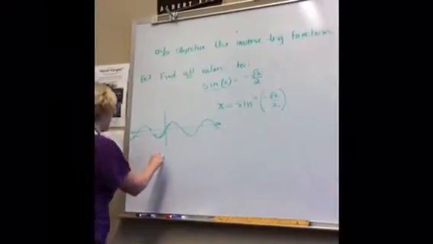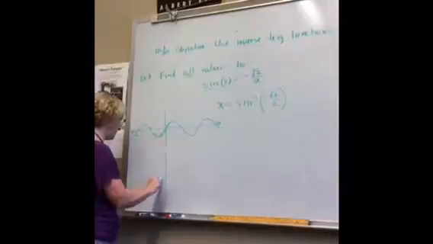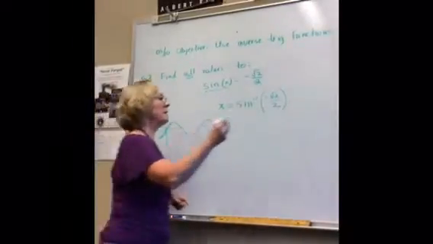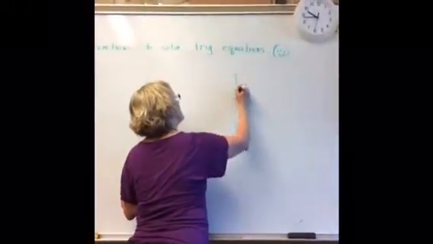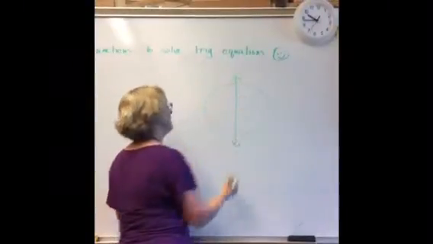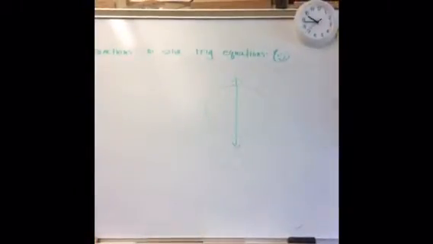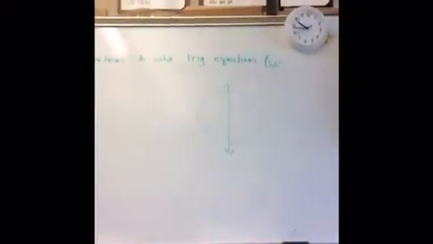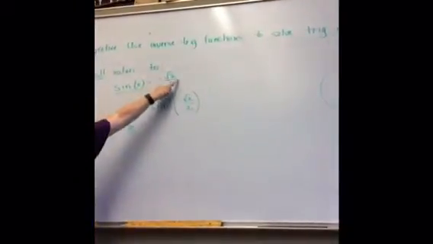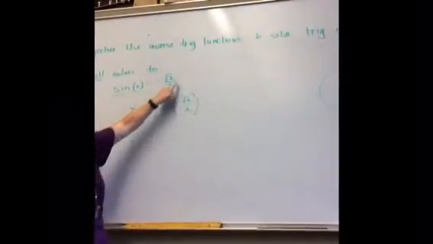Now Tristan back there was on a good roll. He was looking at his unit circle. On the unit circle, is this a y value or an x value?